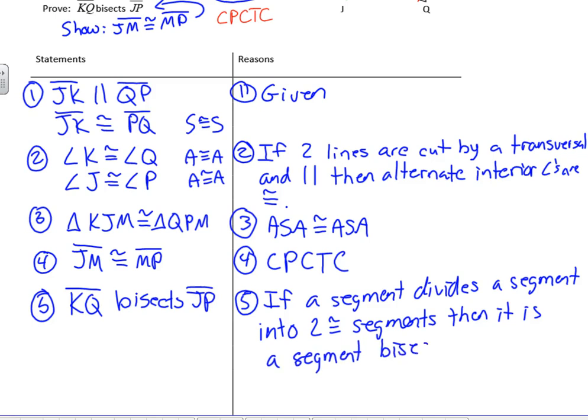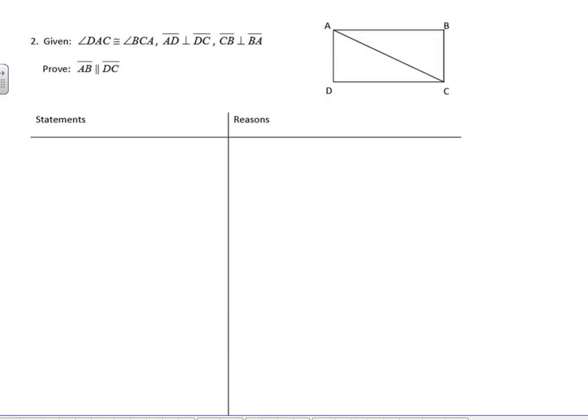So we're just flipping around that reason from before in our proof terminology sheet, where we said if it's a segment bisector, then it divides the segment into two congruent segments. And here we're saying, if it divides it into two congruent segments, then it is a segment bisector. And again, the last step is always the thing that we're trying to prove. So we've got that there. Our parts came after our congruent triangles. Okay, key point there. So again, we're going to access our creativity here and think a little more deeply as we go through these.